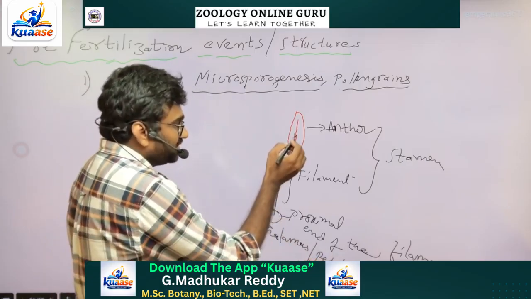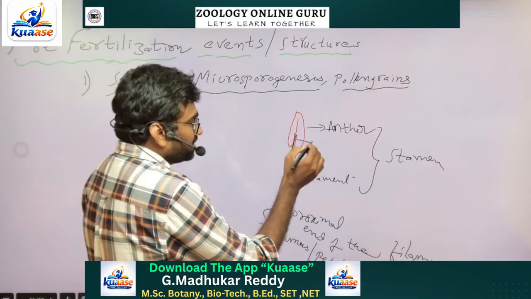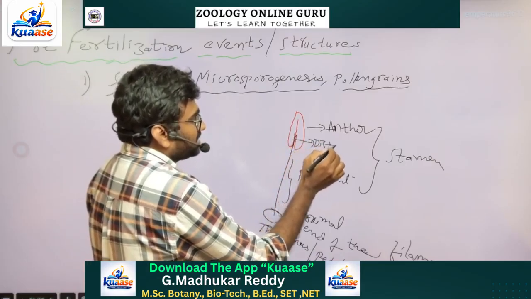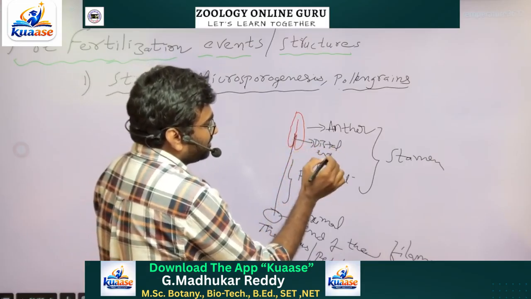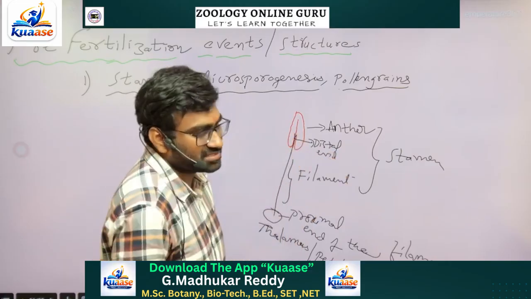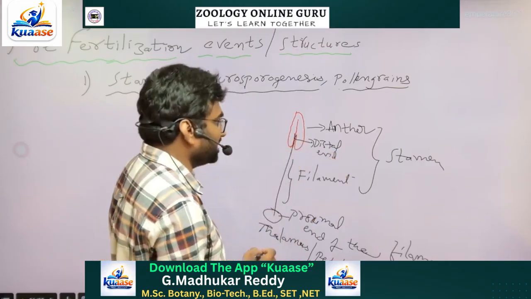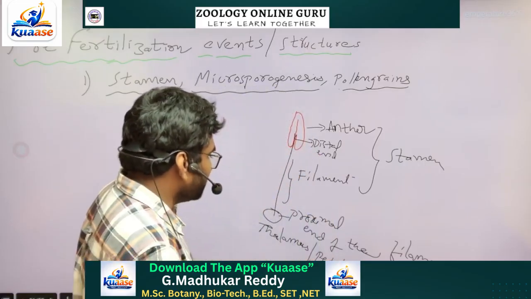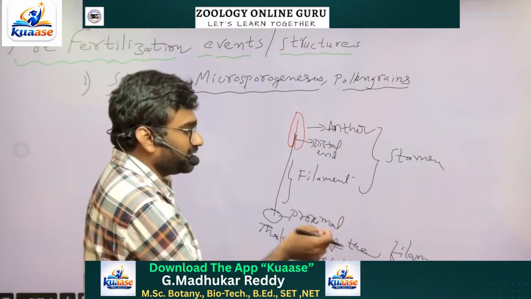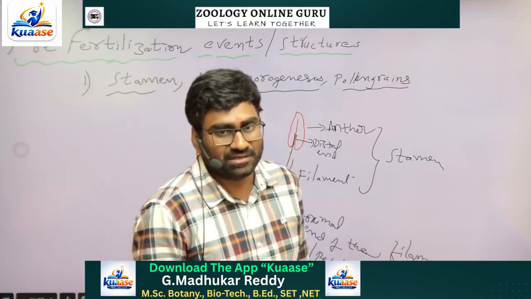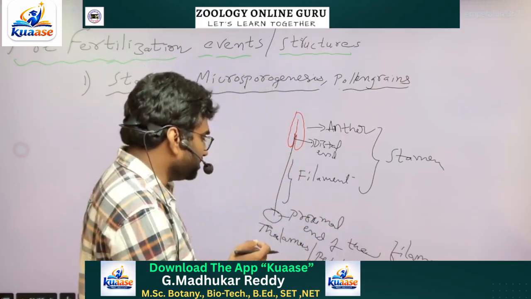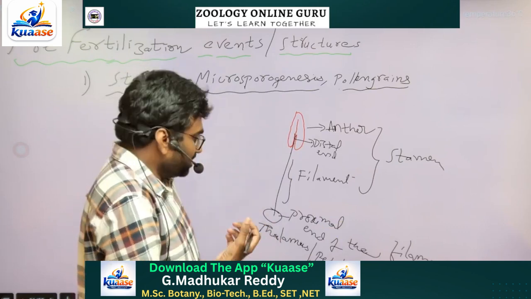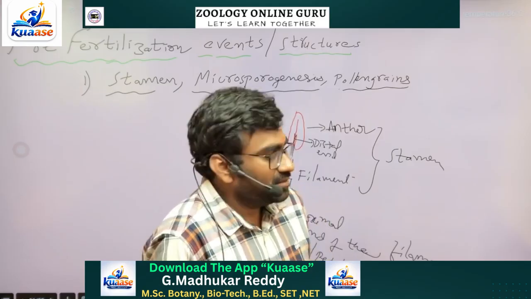And the distal end of the filament attaches to the base of the anther, usually called the connective. In the NEET examination, the question asked was which part the proximal end of the filament attaches to. That is, the thalamus or petals. Okay, right.